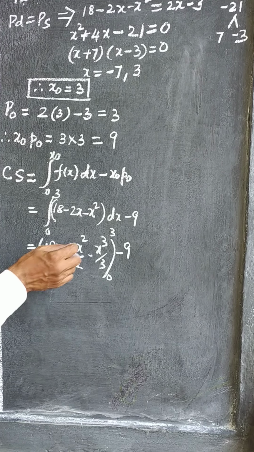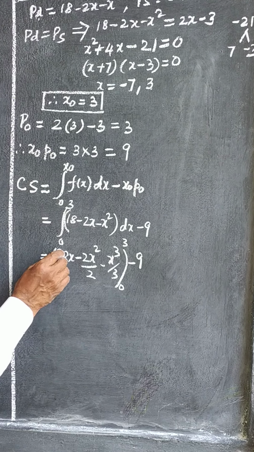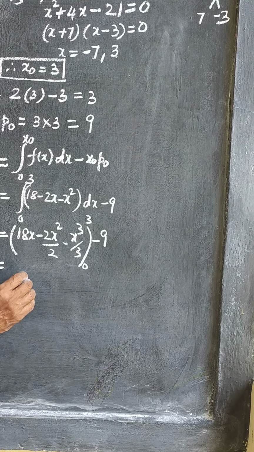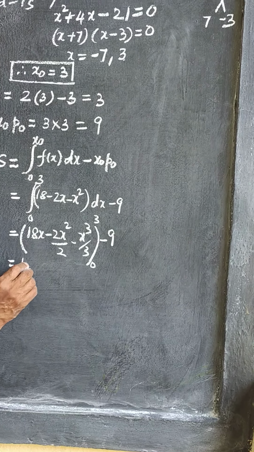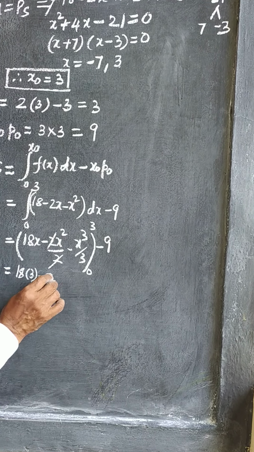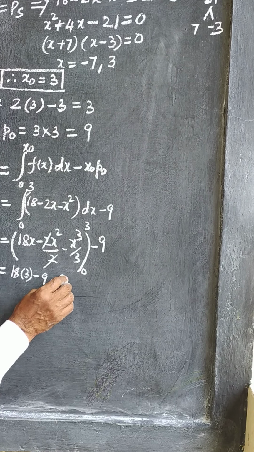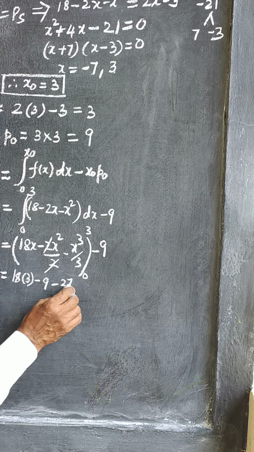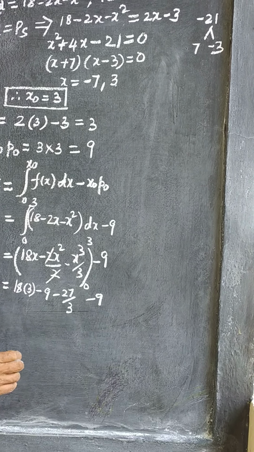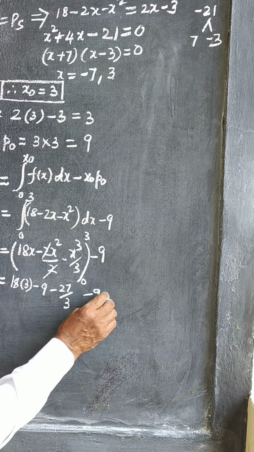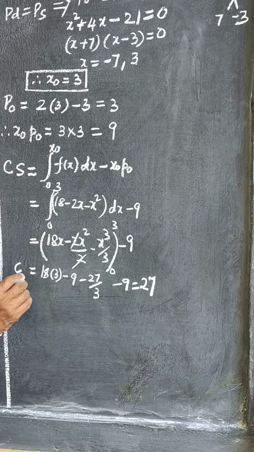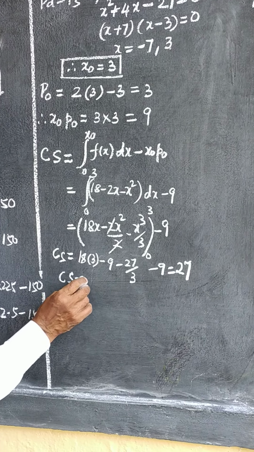On substituting the upper limit, 18 into 3 minus 9, 27 by 3 minus 9. That is equal to 27 only. CS is equal to 27.